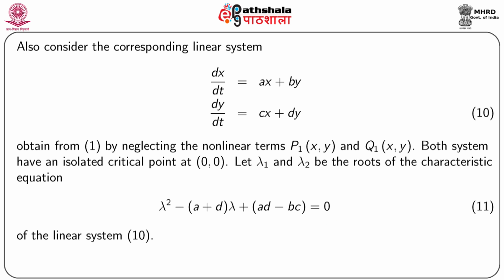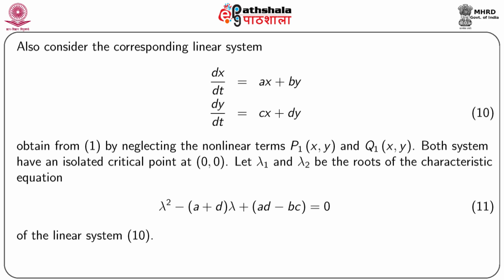So, what we are going to do here is put all these results in the form of a theorem, where we will see that depending on the roots, the eigenvalues of the characteristic equation, whether the behavior shown by the linear system is also true for the nonlinear system or not.